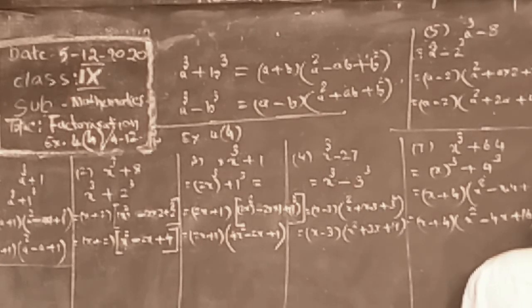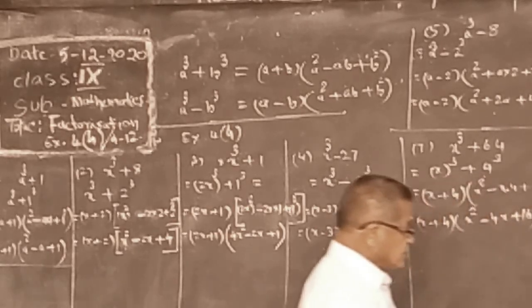Finally, (2a plus 3b) into (4a square minus 6ab plus 9b square). Close the bracket. These are the factors.